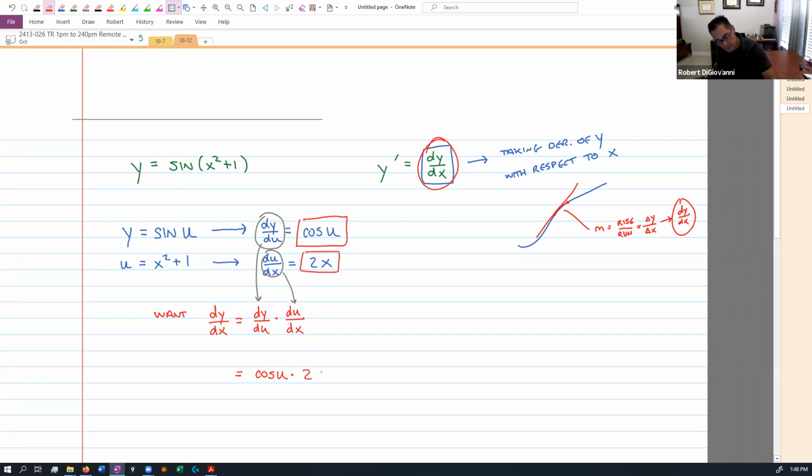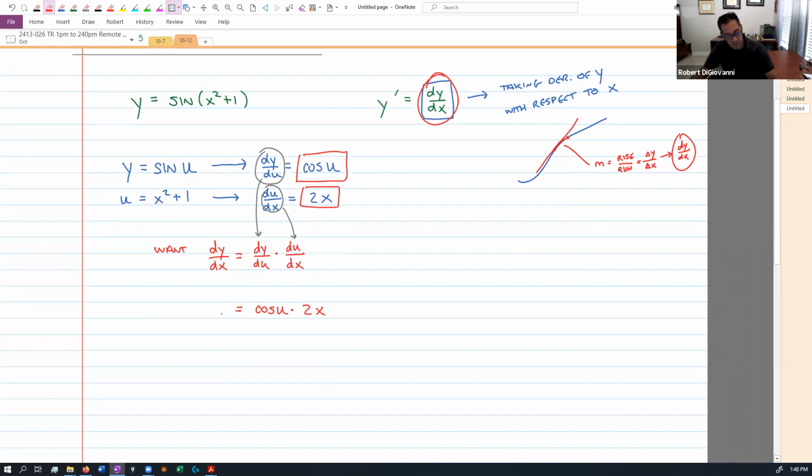And we're almost there, because all we have to do now is replace that u with what? x squared plus 1. What is u? Yeah, u is x squared plus 1. So this becomes cosine of x squared plus 1 times 2x, which is exactly the answer we got before.